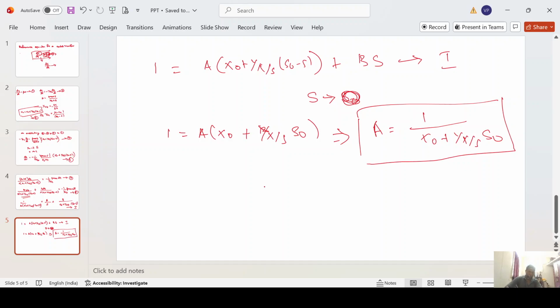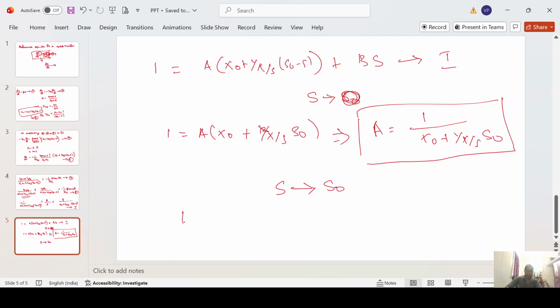Then for b, how we need to substitute is, we can substitute the expression for a here and we need to cancel out this, so s tends to s naught.